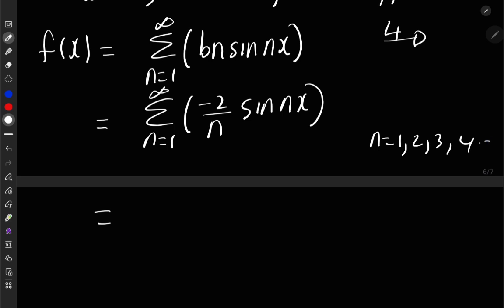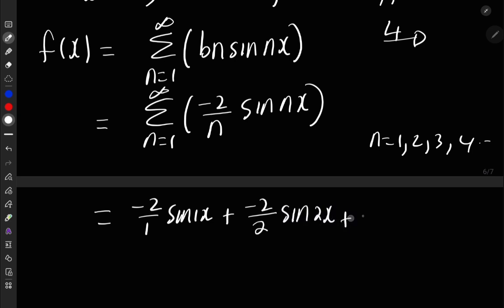It carries on, but we just need the first 4. So it's going to be minus 2 over 1 sine 1x plus minus 2 over 2 sine 2x, you see n is changing, plus minus 2 over 3 sine 3x plus minus 2 over 4 sine 4x.